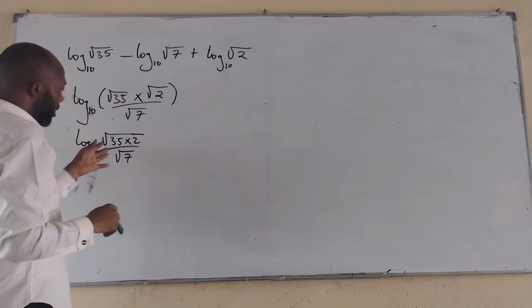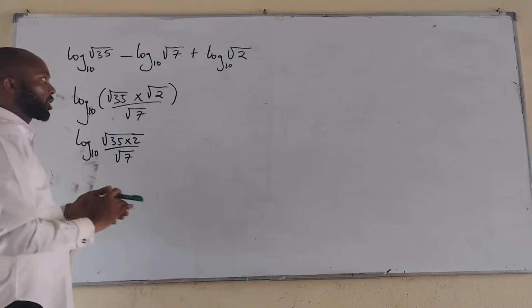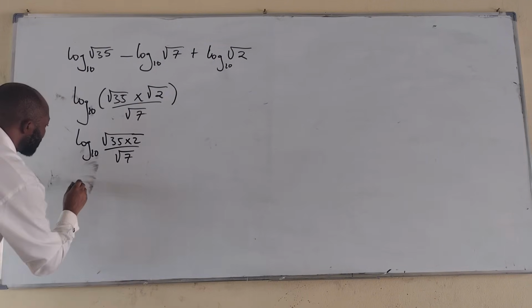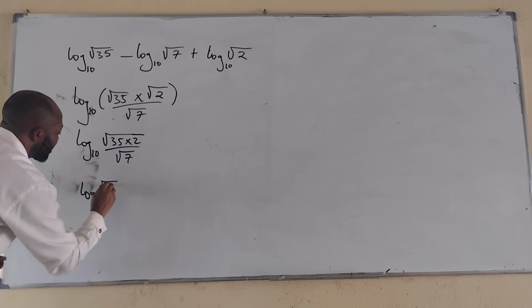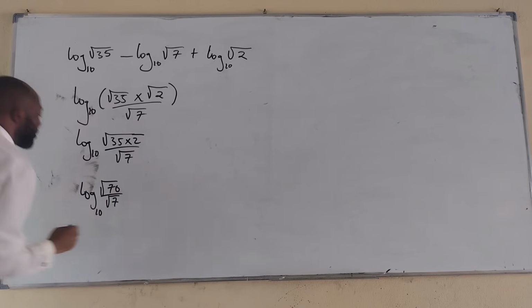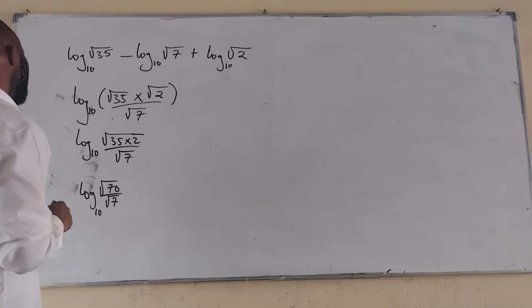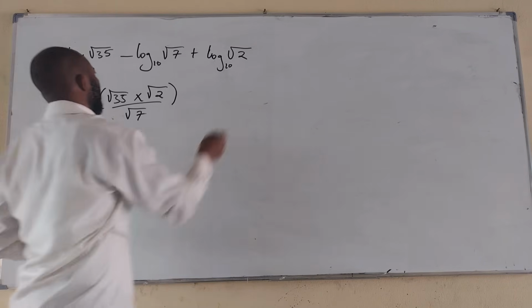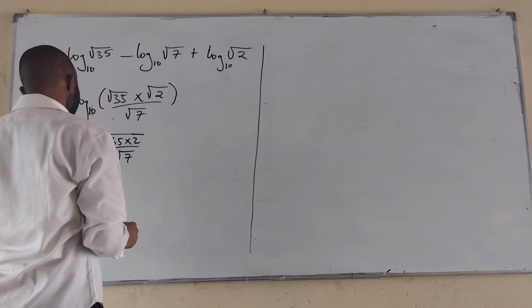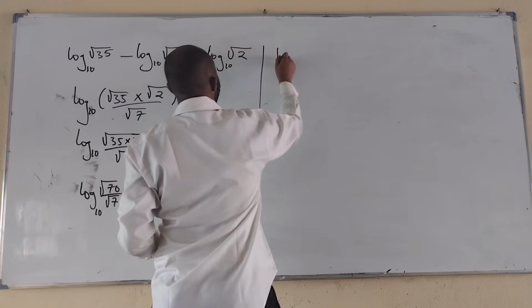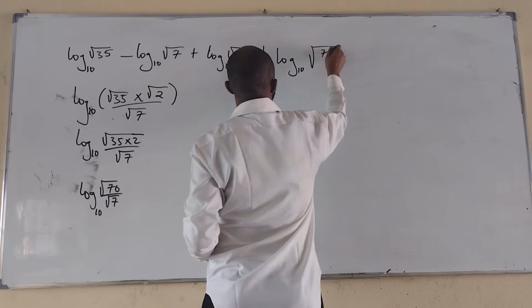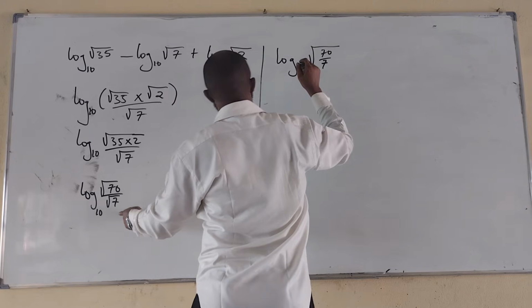Remember the multiplication law, how you can multiply them and bring them into one place. So this is the log of root 70 over root 7 in base 10. Now there is division.